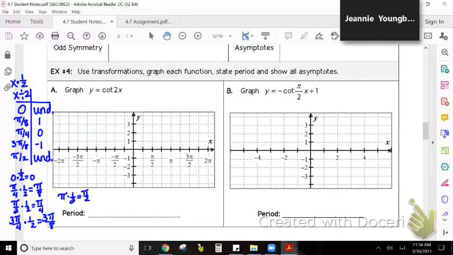Once you get yours, check it with mine, and then go ahead and graph it. I did them all backwards. Instead of doing 1 over 2, I did 2 over 1. I put everything over 2.